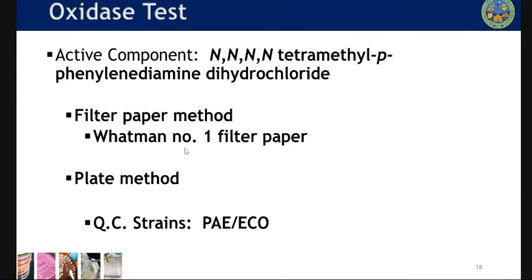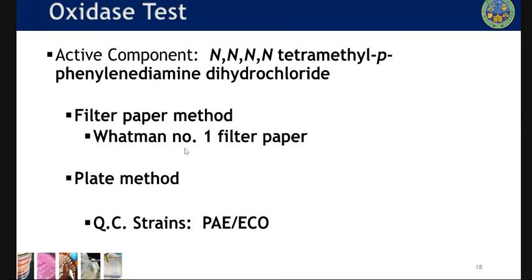Now, to test whether your test reagent is acceptable or performing well before using it for the identification of your microorganism, you need some QC strains to test if this is oxidase positive or oxidase negative. So two QC strains you may use, which is standard at times.